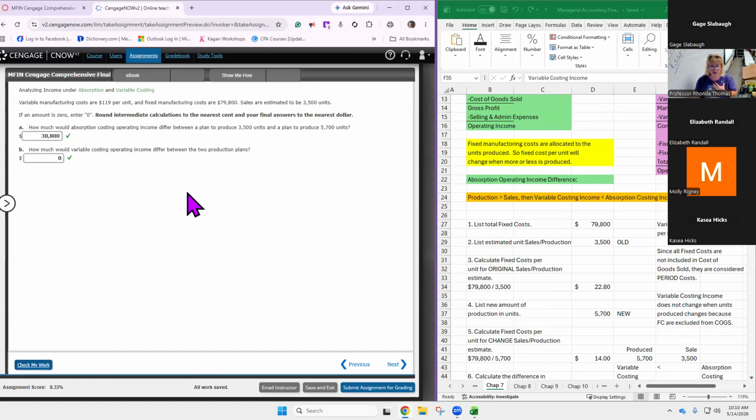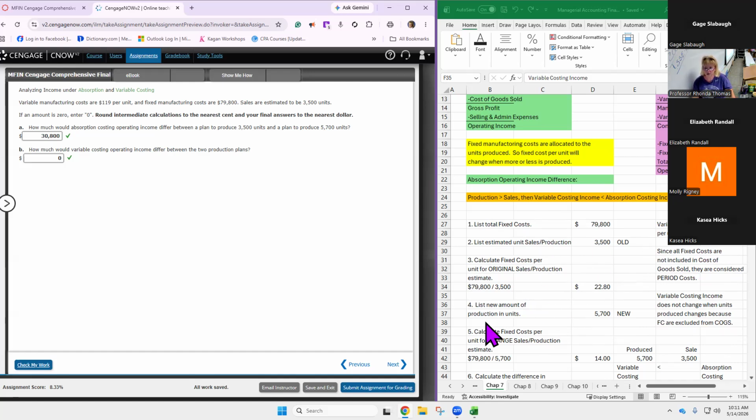So the moral of the story is, accountants, when you're comparing income and you're adjusting what you're producing, suggest using variable costing because you don't get this distortion of your income.